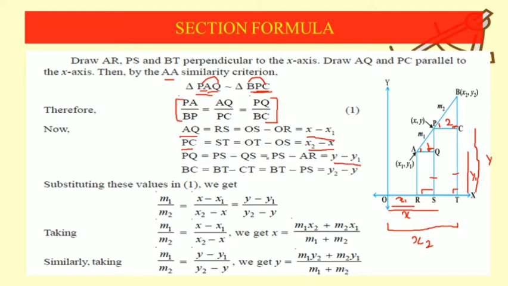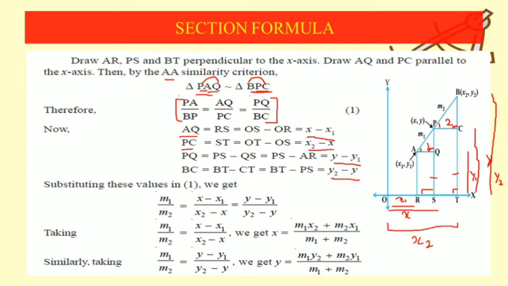So that is your y minus y1, that is your PQ. Similarly, we will find BC. For BC, this complete is our y2, and up to C the distance was y. So this remaining distance will be y2 minus y. So this is coming y2 minus y. So in this ratio portion, we have taken out the values for AQ, PC, PQ and BC.